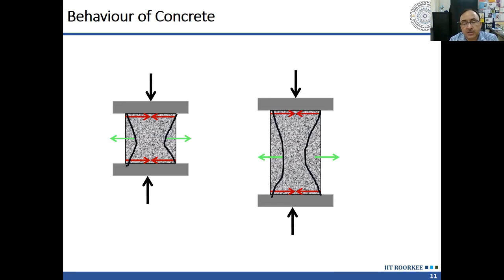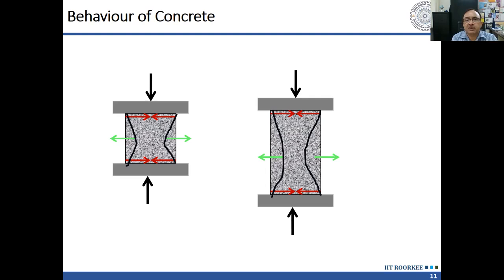Okay. Then you may ask why don't we test the cylinder, because cylinder strength is more realistic. The problem in the cylinder is that when you are casting the cylinder, the top surface of the cylinder, and that is there in case of the cube also, is not smooth. That is undulating. And if you test it in the same position as you have cast it, there will be concentration of stress.